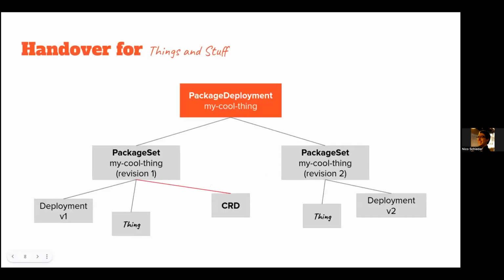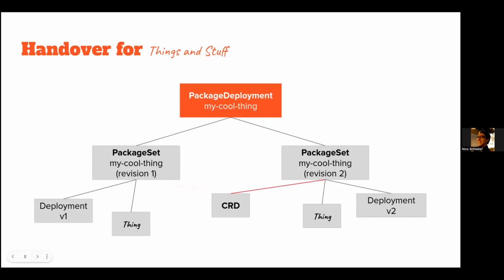Now you might ask what to do with something like a custom resource definition, because that's not something that you can tear down when you switch revisions. For that, there is a handover process in place. For objects that are referenced by both, the package deployment will coordinate that first package set revision 1 will stop reconciling the custom resource definition before revision 2 will take over.